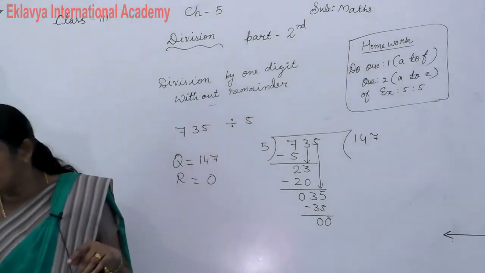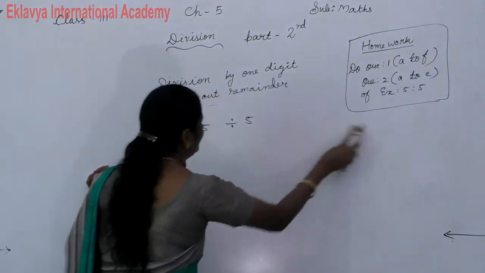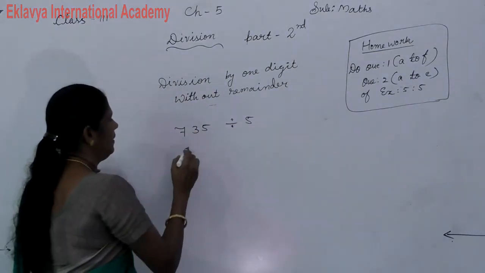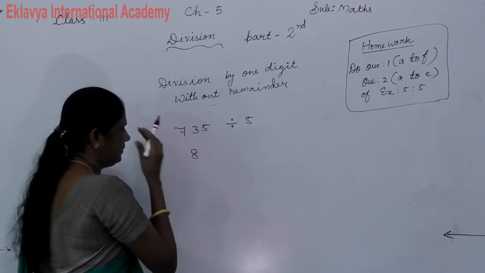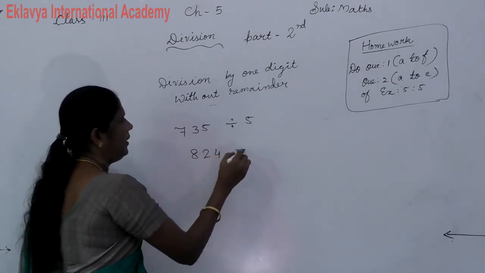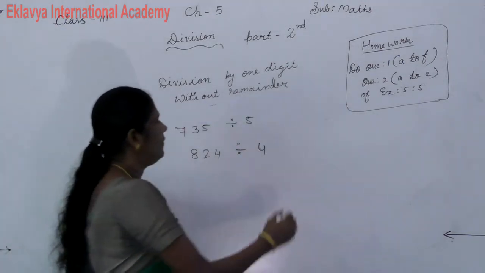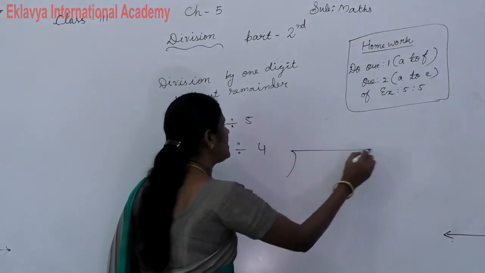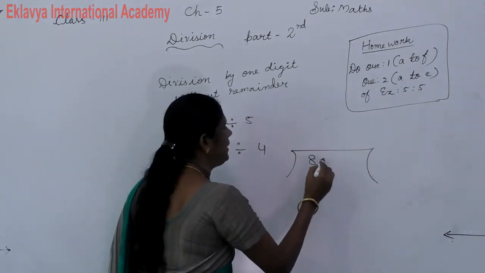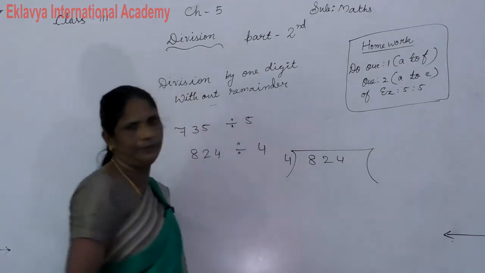Now one more question. Divide by 4. Listen. Again you divide this number, 824 divide by 4.